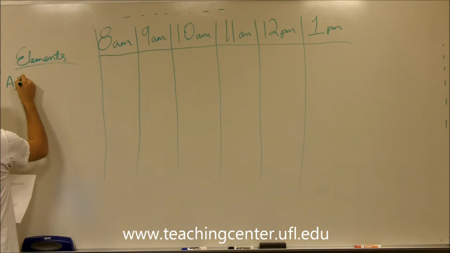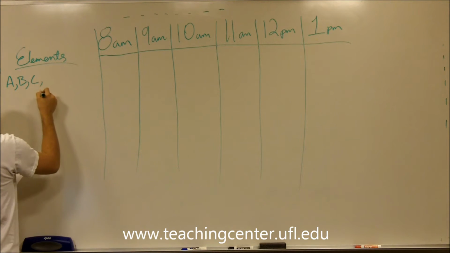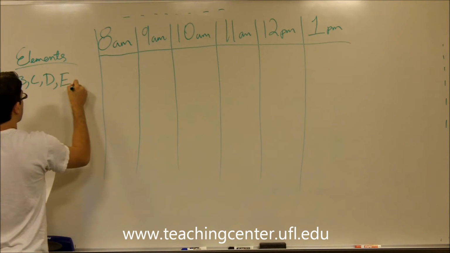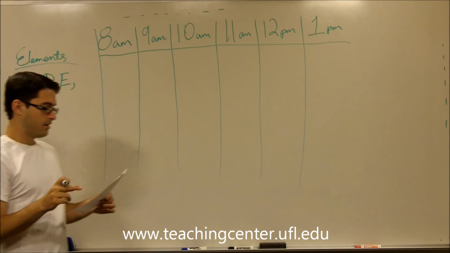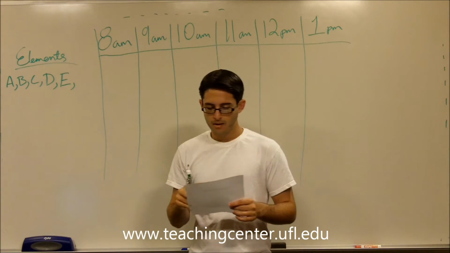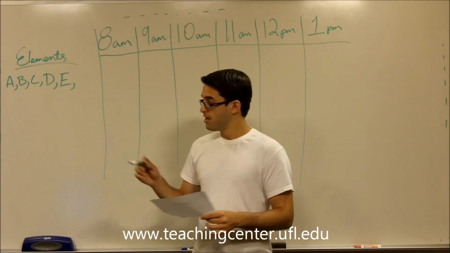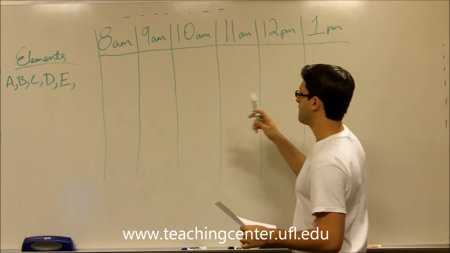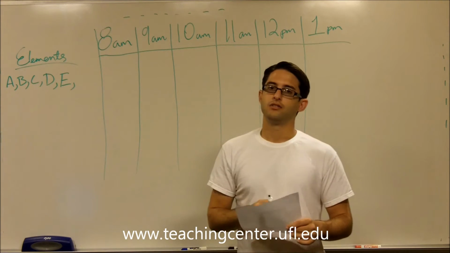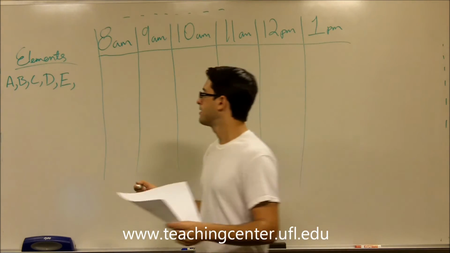So it's Alex, Brent, Carlos, Denise, and Emily. You also have another element that isn't necessarily a name, but is an element nonetheless, because you have 6 time slots and you have 5 people. But it says that 1 hour is going to be reserved for lunch. So lunch is technically another element.